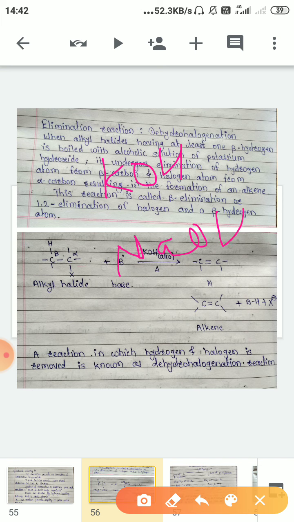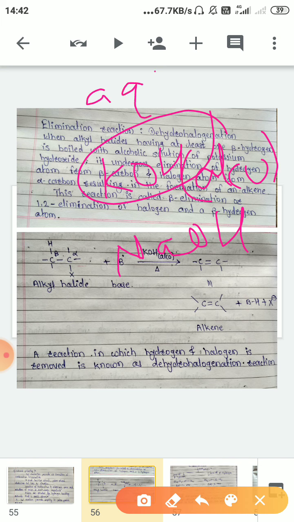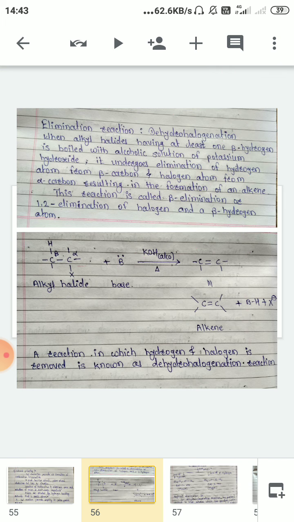Here we have to remember specifically about KOH or NaOH. If we are going to use KOH, then we have to use alcoholic KOH, because aqueous KOH acts as a nucleophile, that is, OH minus acts as a nucleophile, and it shows a substitution reaction instead of an elimination reaction.